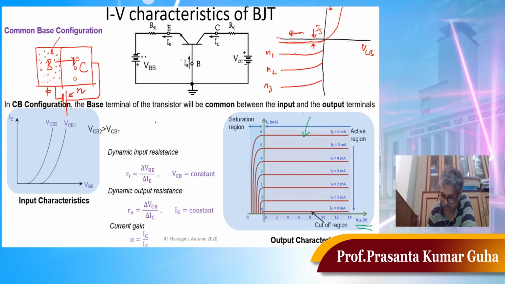Now if you relate this characteristic with this one, I have just swapped it. You see, these currents are nothing but these individual currents, because we generate more electrons at the base by forward biasing the emitter and base junction, so lots of electrons enter from the emitter side if it is an NPN BJT.